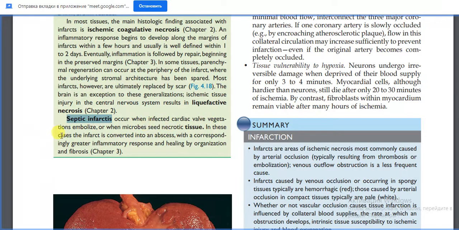In this case the infarct is converted into an abscess with a correspondingly greater inflammatory response and healing by organization and fibrosis.